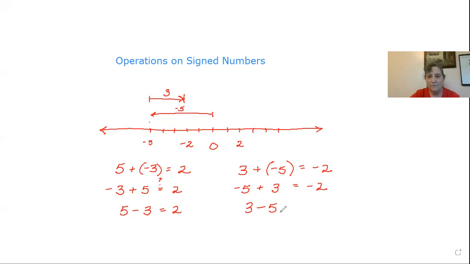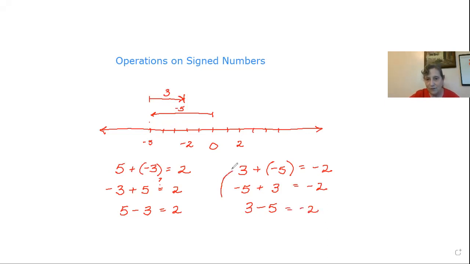If you have a positive number and then you subtract more than you actually had, a +3 minus 5 would be 3 to the right, 5 back to the left. We've gone past the 0, on over to the -2.